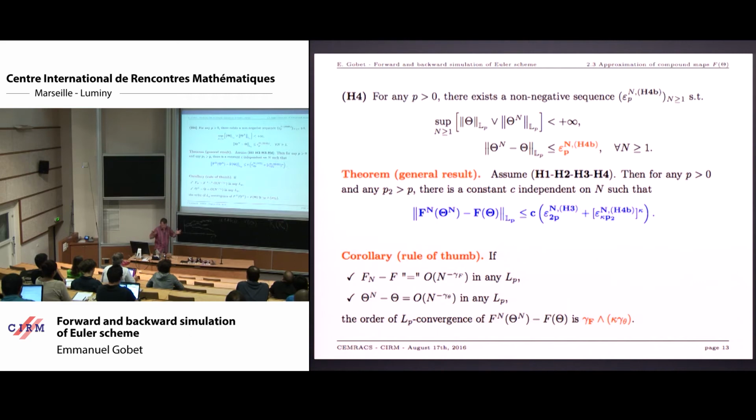So you take the worst rate, so it's quite easy to understand.